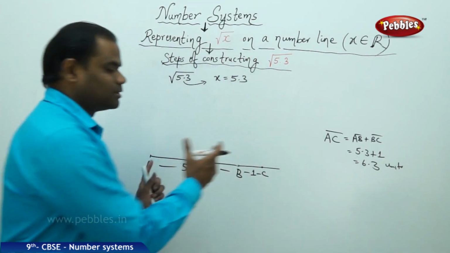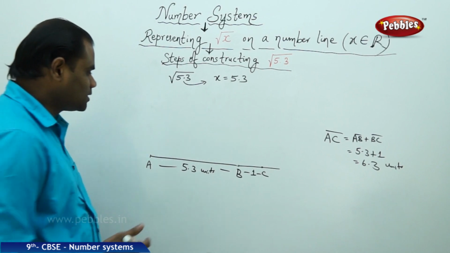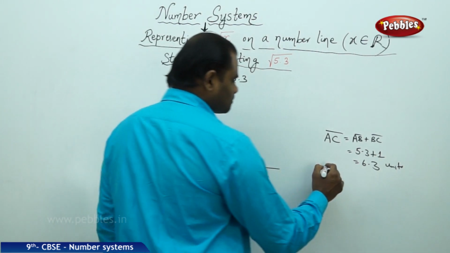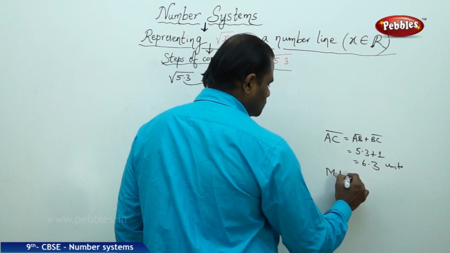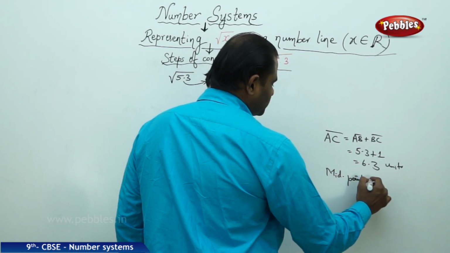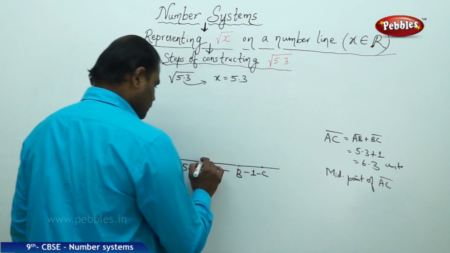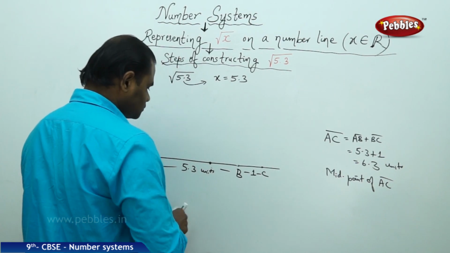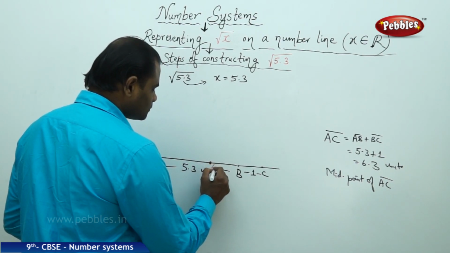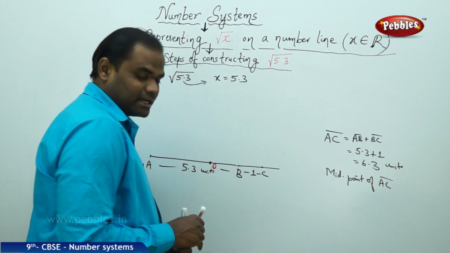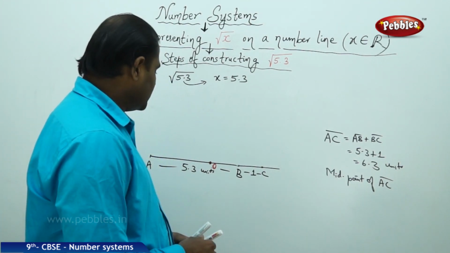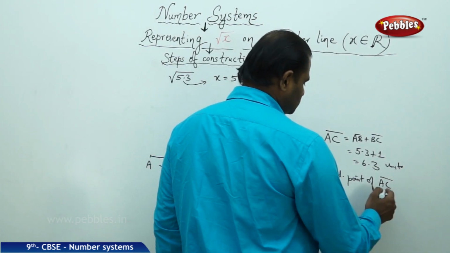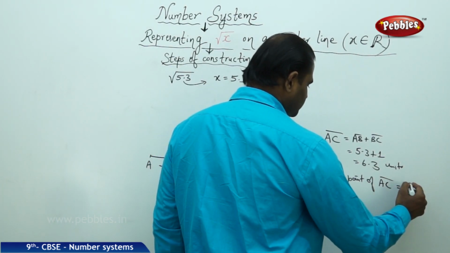This is the diameter of the semicircle. Now using this complete line segment, I will find the midpoint of AC, which I mark as O, assumed to be the center of the circle. Let's see what the distance AO or OC is.